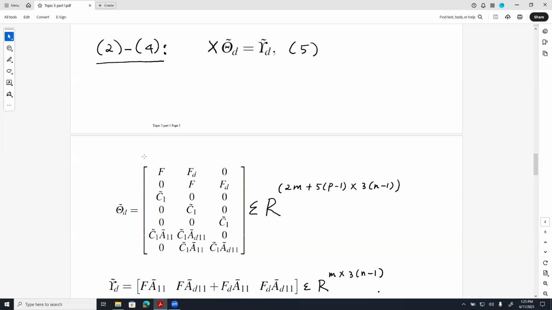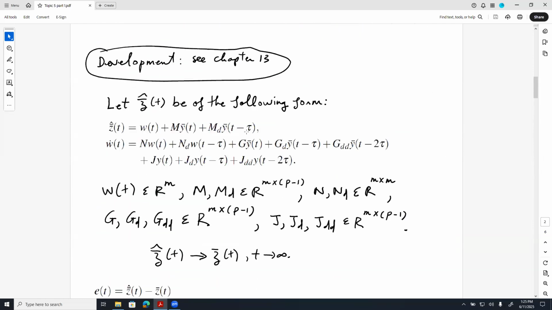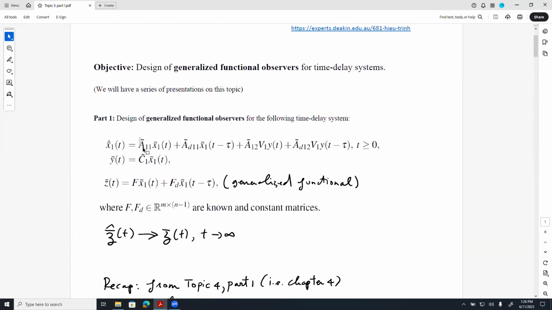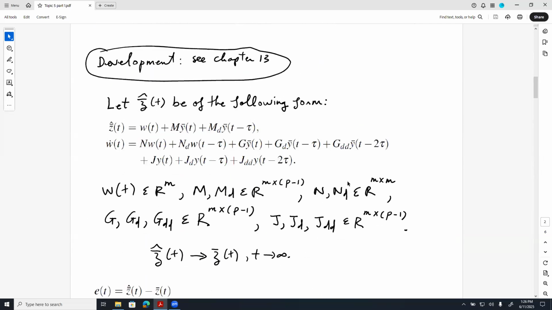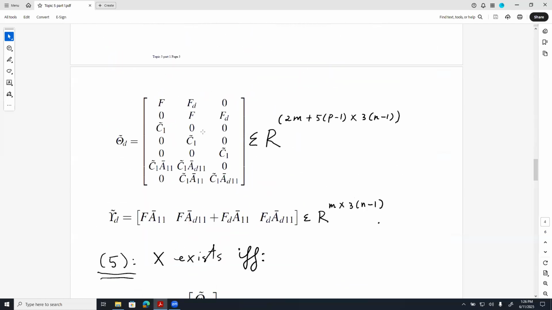So when we examine this matrix, we can see that it contains all of the matrices associated with the original system: A bar 11, A bar D11, C tilde 1, F and F_D. So this matrix is a known matrix, and it has this many rows and this many columns, which is n minus 1 columns.